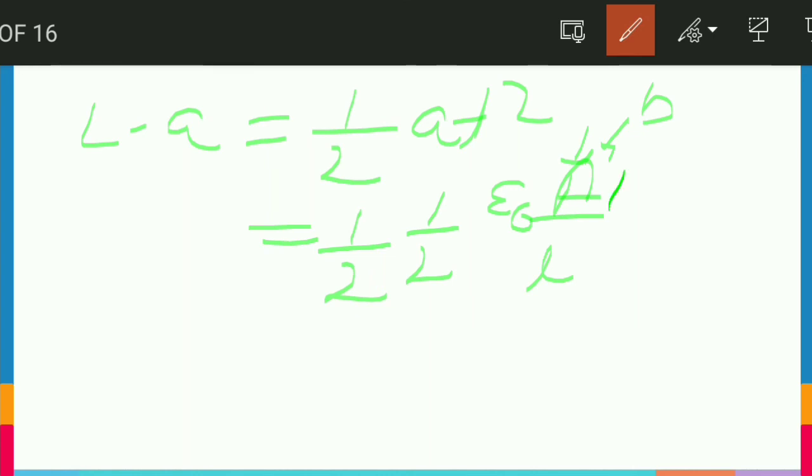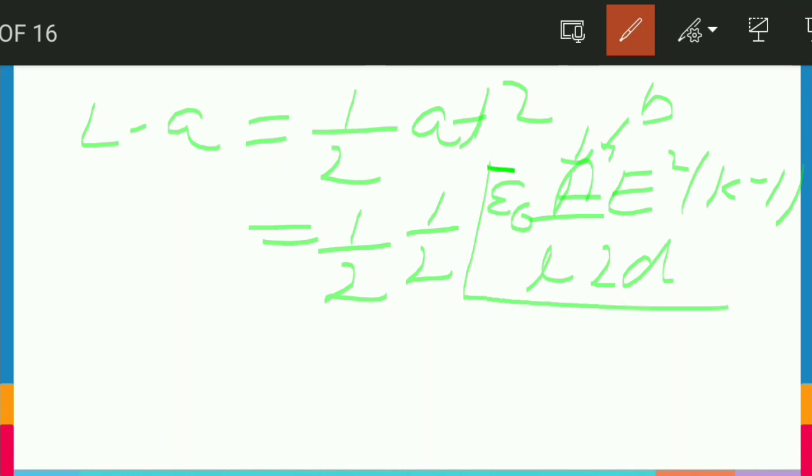I hope you understood. And it is V square, K minus 1 remains the same, and upon 2d that we used to write, and this is our acceleration. This 2 was of the separation, and divided by mass to get acceleration. So now the things are very clear.